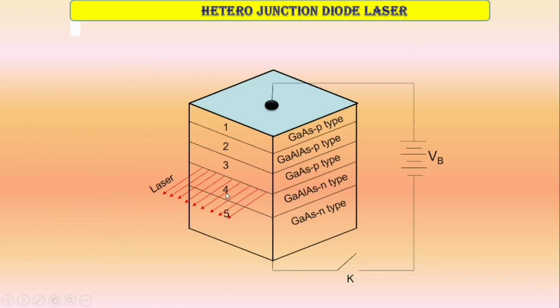This is the construction of heterojunction diode laser, in which the upper part is the p-type of gallium arsenide, and this is the p-type of gallium aluminum arsenide, and this is the p-type of gallium arsenide, and these two are n-type of gallium aluminum arsenide and gallium arsenide. And here this region acts as an active region from where a laser beam is emitted when the heterojunction diode laser is forward biased.